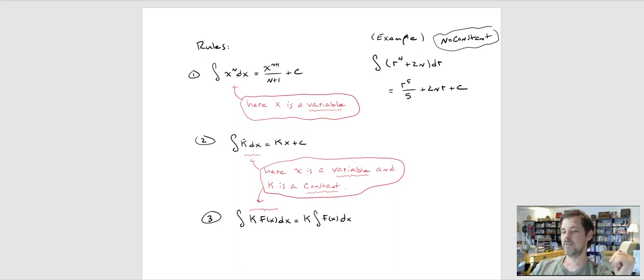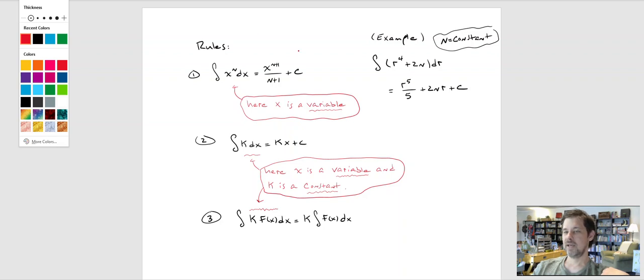We take that constant, whatever it is, and we attach the variable to it. So if n's a constant, 2n is a constant. 2 times n is still a fixed number of some kind. So I just attach the r, the variable, to it. So I get from this, r to the 5th power over 5, from this, 2nr, and then I put plus c.